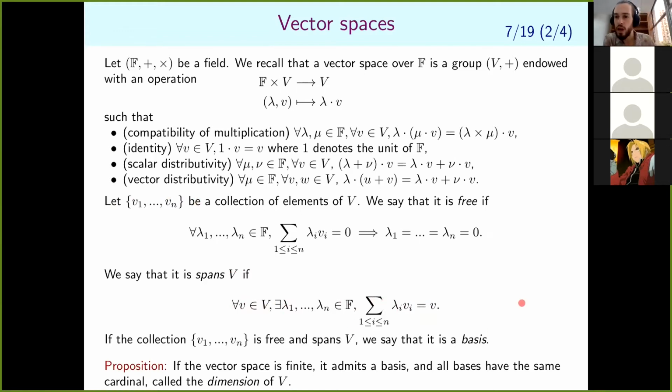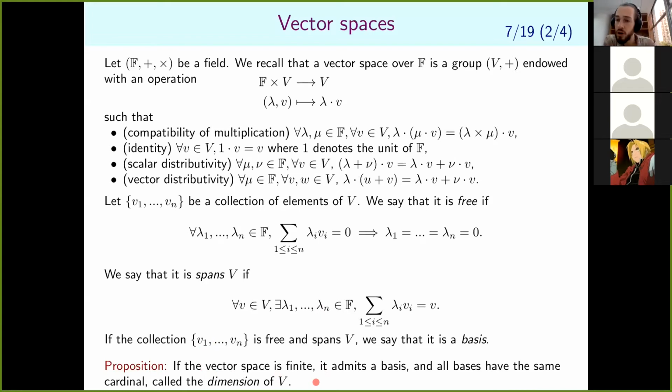This is just a recap, a reminder about vector spaces. When a collection is free and spans V, we say that it is a basis of the vector space V. One of the most important statements is that if my vector space is finitely generated, then it has a basis.